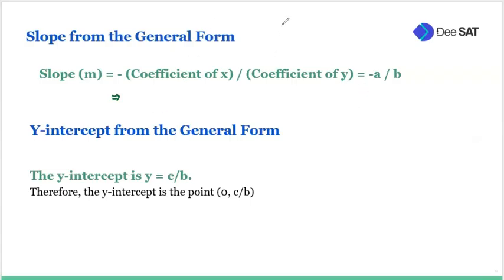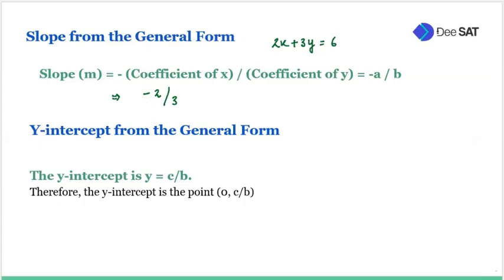For example, I'm writing 2x plus 3y is equivalent to 6. What should be the slope of this line? To quickly identify, I can easily say negative of a by b, that is negative coefficient of x, that will be negative 2, divided by the coefficient of y, that will be 3. So negative of 2 by 3 will be the case.